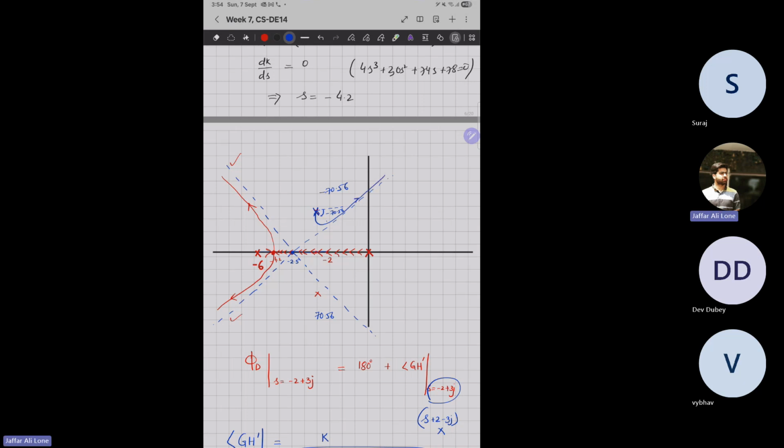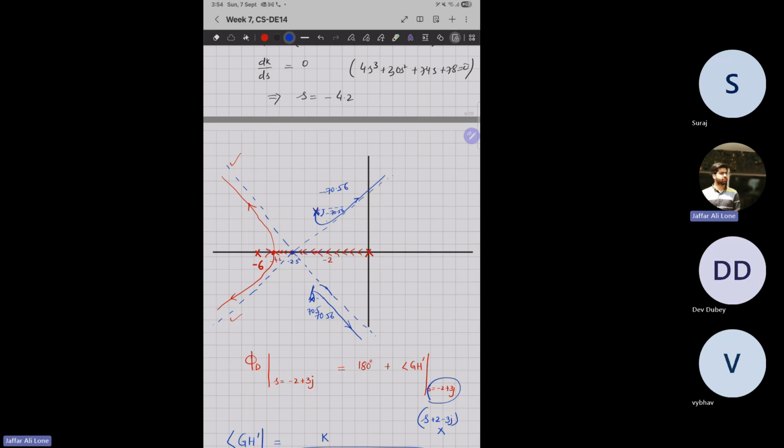Similarly, this point will make an angle of positive 70.56, so the minus one goes like this and the positive one goes like this. If you have any confusion, please tell me. So it will be somewhere like this, and you see this angle will be 70.56.